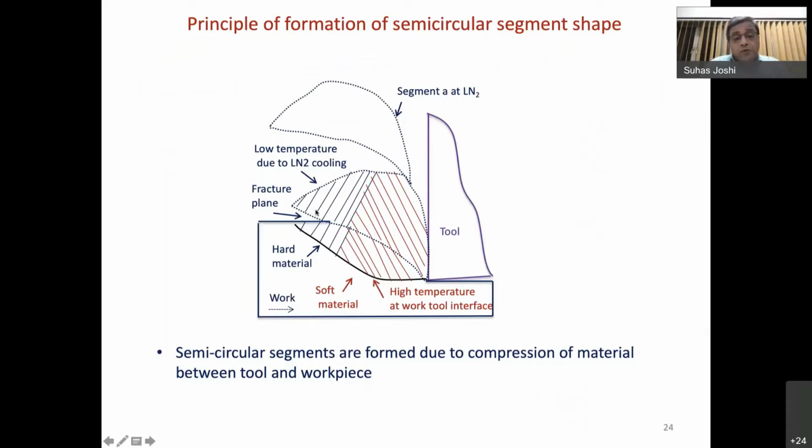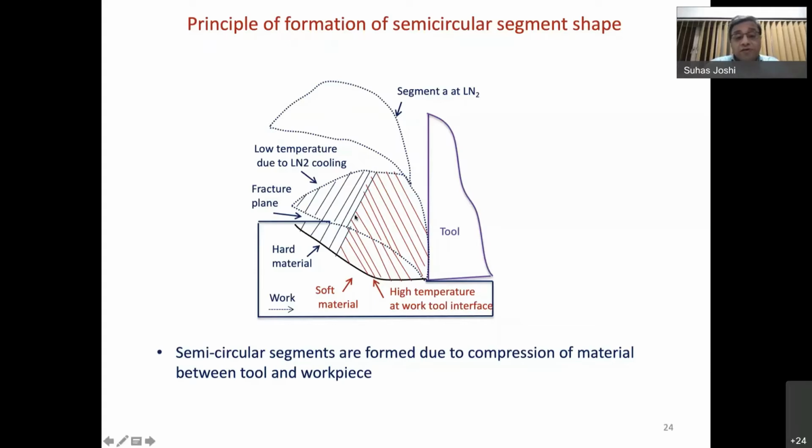When you have a segment which is actually cold, with the tool and the workpiece at minus 60 degrees centigrade, and then you start machining, there are two fronts in a segment which are formed. The front section is the colder one, whereas the other is hotter, because the tool is coming from this side and applying the energy.